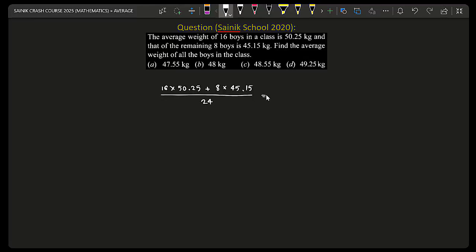Now let us simplify this. Can you simplify the decimal multiplication? Okay, do it: 16 into 50.25. And also solve the next multiplication, 8 into 45.15.